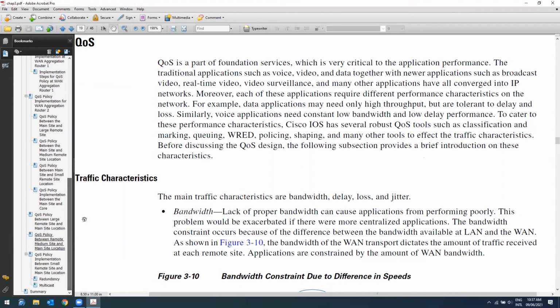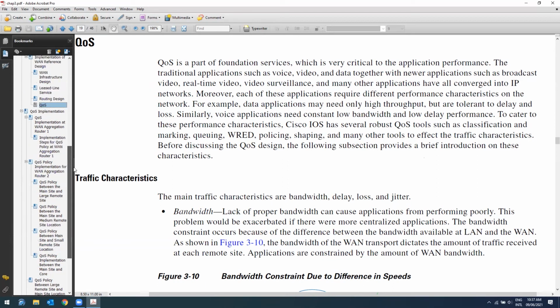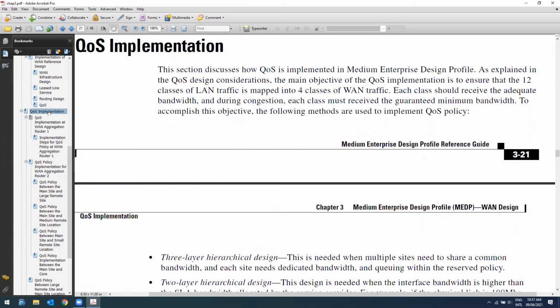Okay. So we will stop there because this one will just cut off in 2 minutes. We'll just take a 5 minute break, and then after that we will start with QoS implementation.